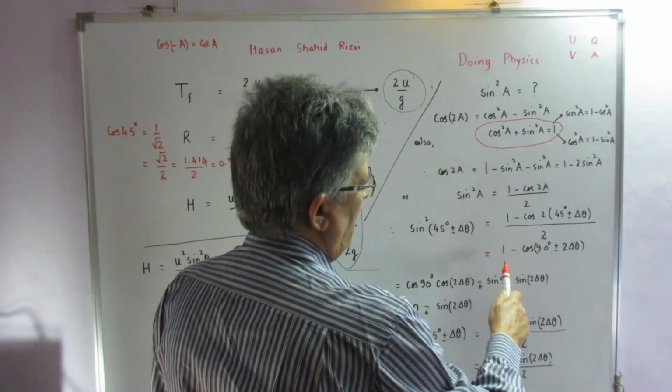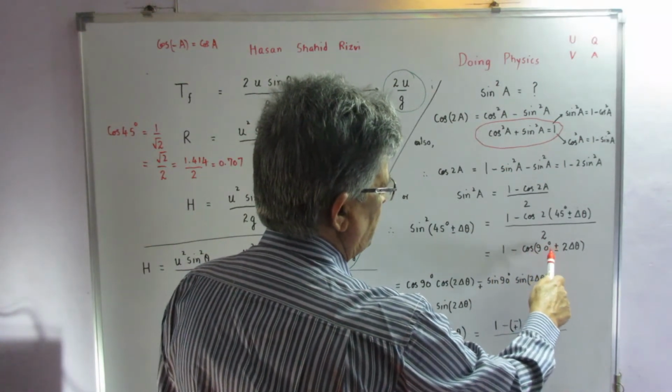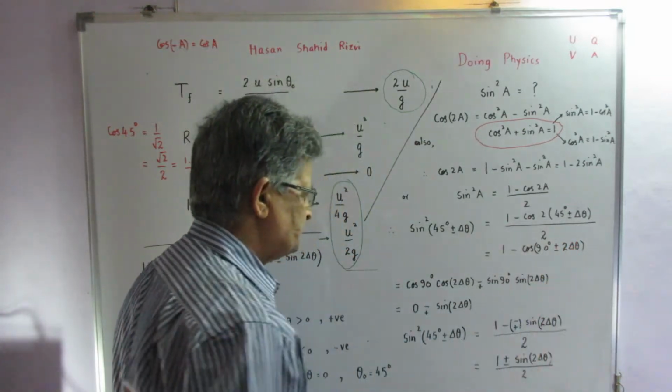Which is equal to 1 minus cos of 90 degrees plus minus 2 delta theta.